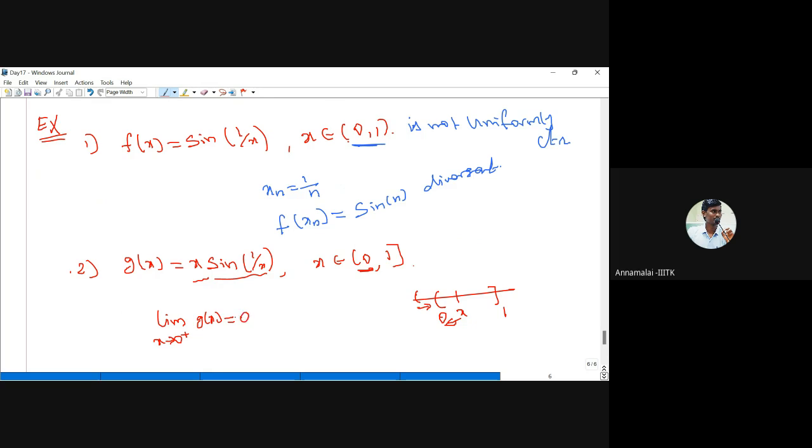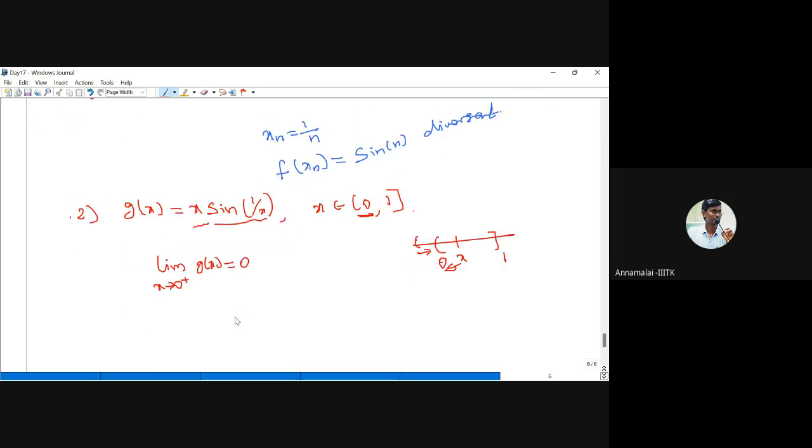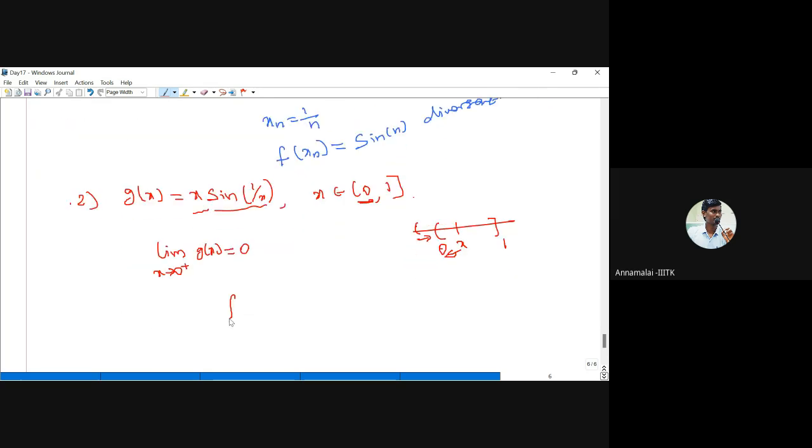Now we can extend the function. We define a new function. So what is the new function? f of x equals g of x for all points in the interval 0 to 1, and for the only point x equal to 0, I am defining it as the limit. What is the limit? 0.